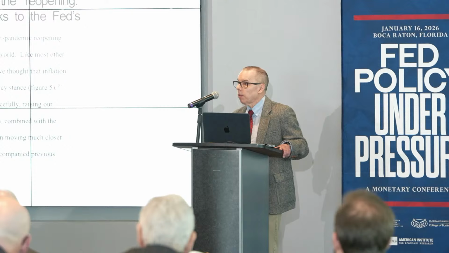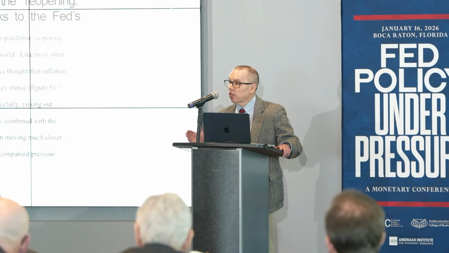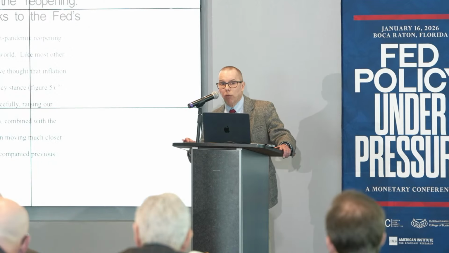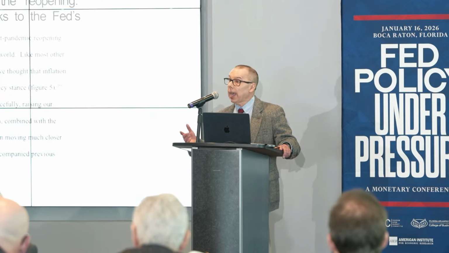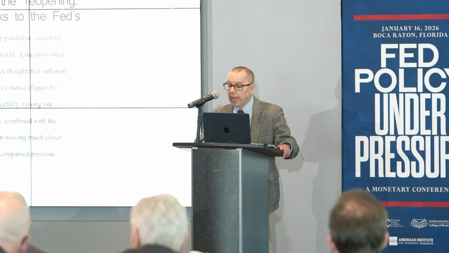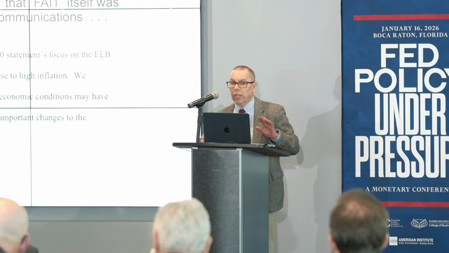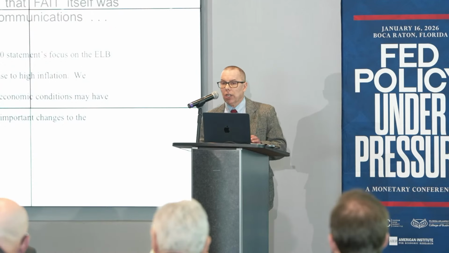Here's one excerpt from the speech where the chair first appears to go to great lengths to excuse the Fed from any direct role in the inflationary surge we had in 2021-22, and yet, a minute later, he's taking credit for the decline in inflation that we've had since then. And here is another excerpt from the speech where he blames the problems on communication issues.